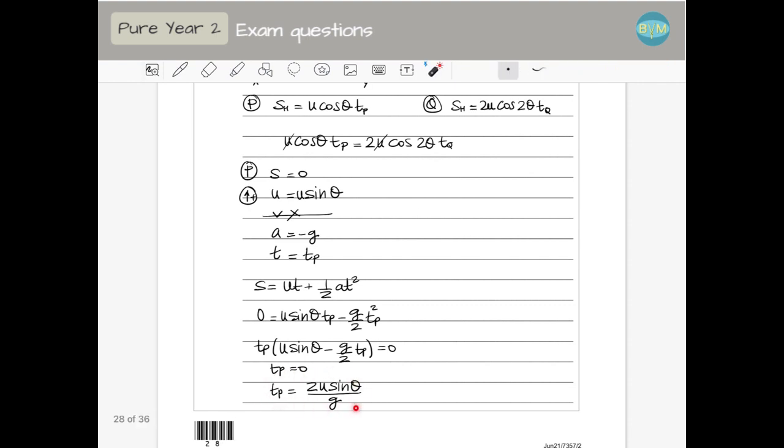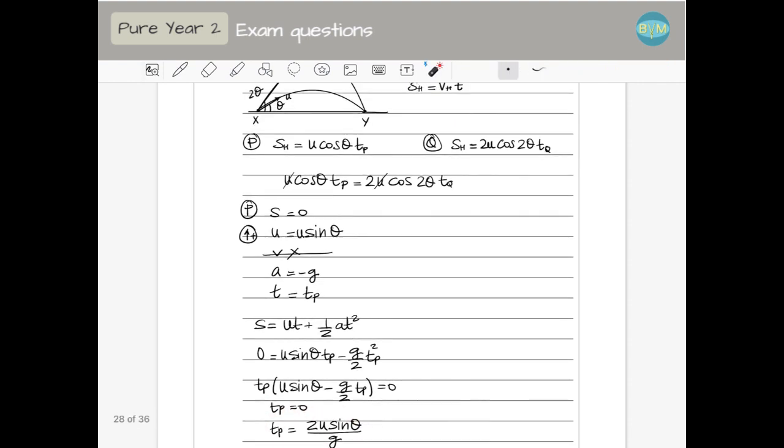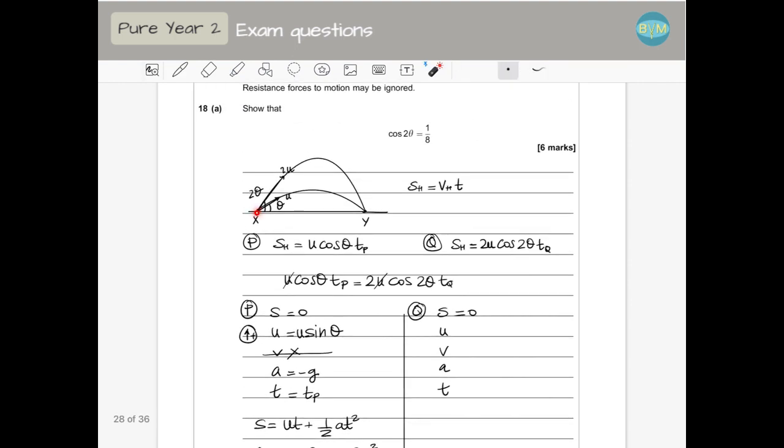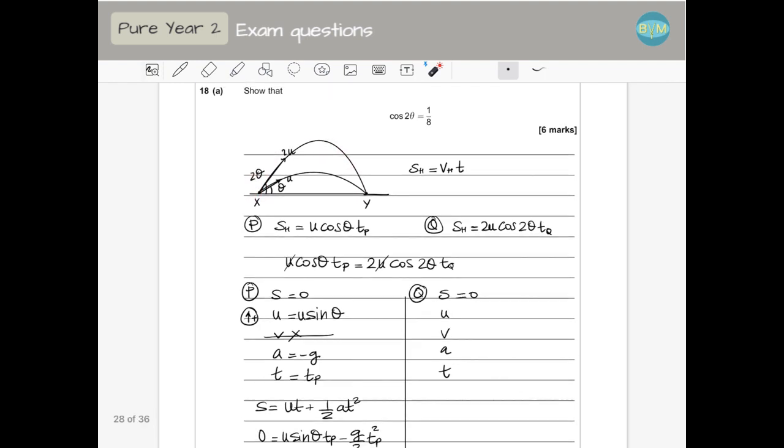This TP is the time that P takes, and now it's in terms of sine theta. So I'm going to do the same for Q because it's going to help us. Again I write SUVAT, this time for Q. The vertical displacement is 0 because it starts at the same height and finishes at the same height.